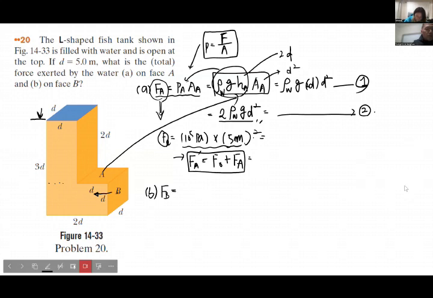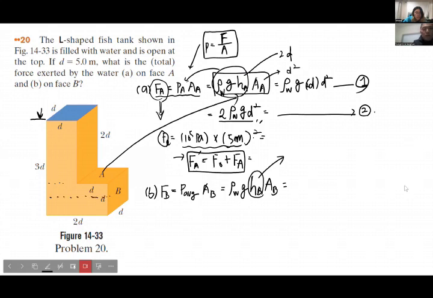The relative force on B is the pressure averaged over the surface B times area B. Here, that is the same expression as A: rho of water times g times h_B times A_B, the area of B. So h_B is the average depth of face B. So that is here, right?